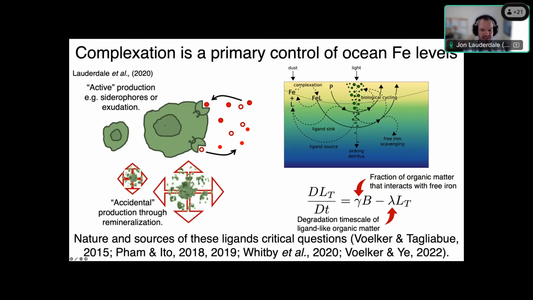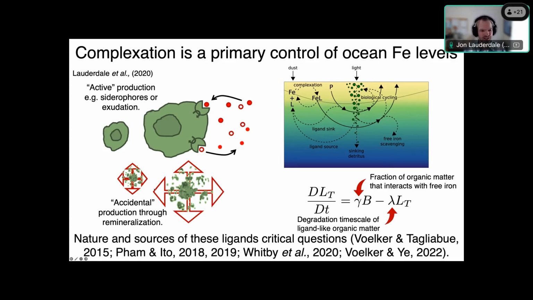They're all organic. They're either produced actively, as siderophores, which are produced by bacteria to competitively trap iron, or phytoplankton cells exude a bunch of polysaccharides and other stuff that floats around in the environment. That can also interact with iron and prevent it being lost by scavenging.